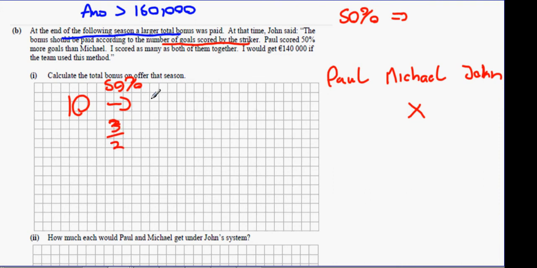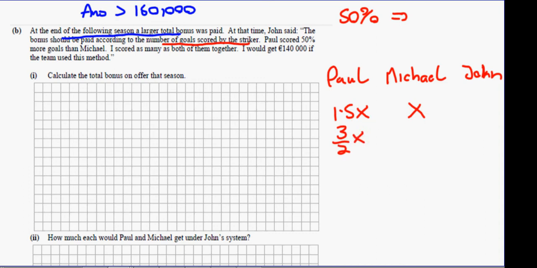And you also get 15. If I gave you the number 60 and asked you to increase that by 50%, what would you tell me the answer is? 90. You divide by 2, multiply by 3. If I give you x, what's 1.5 times x? Basically 1.5x, isn't it? Or 3 over 2 x.